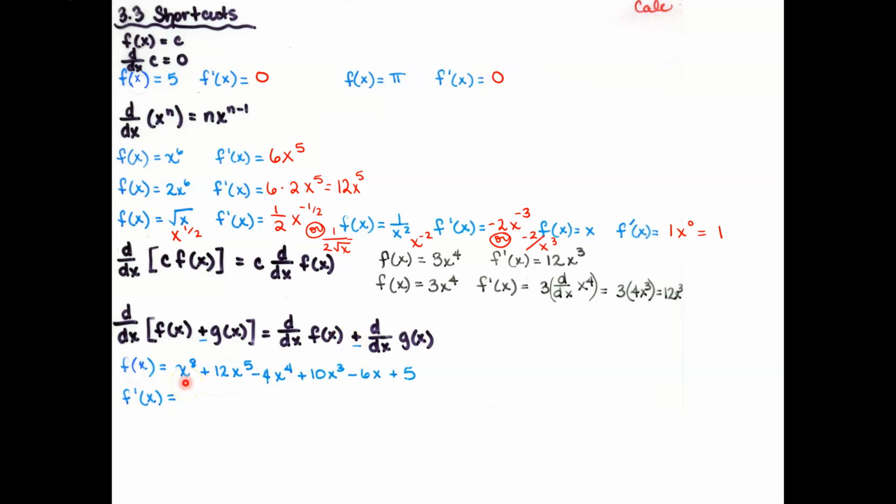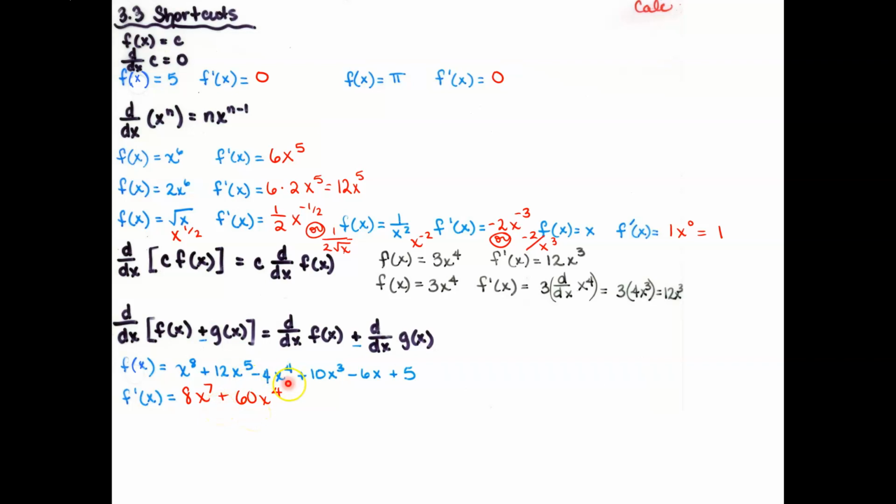All right, so let's start with what's the derivative of x to the 8th? Well, that would be 8x to the 7th. And what's the derivative of 12x to the 5th? Well, 5 times 12 is going to give me 60, and then x to the 4th. So I had two things that were being added. I was able to take the derivative of this and the derivative of this separately and then just add them.